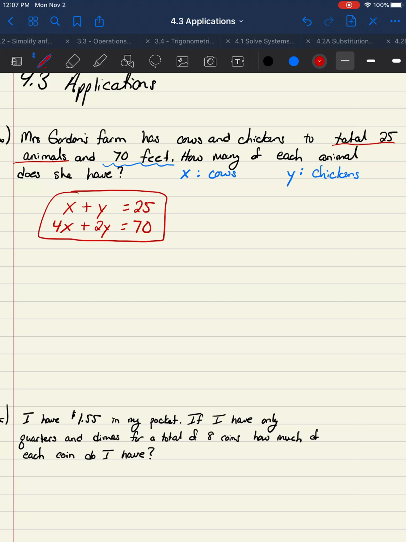Now the word problem I don't need it anymore, and I'm going to use the system that I wrote and I'm going to solve it like what we were doing on the last lesson. I need to choose a variable to get rid of. So I'm going to get rid of X, which means I'm going to multiply the top equation by -4.